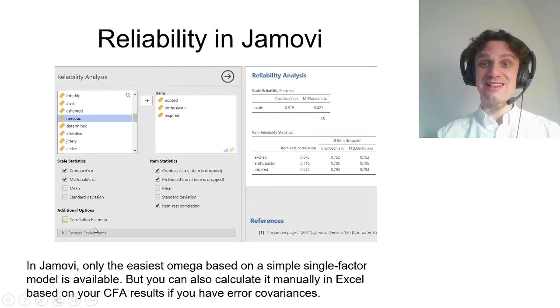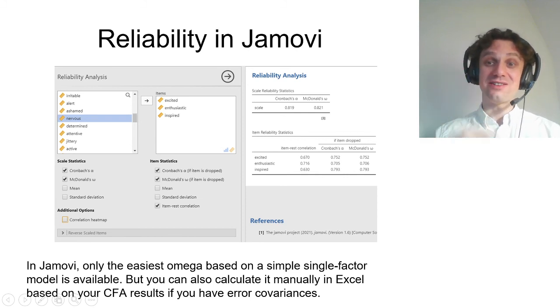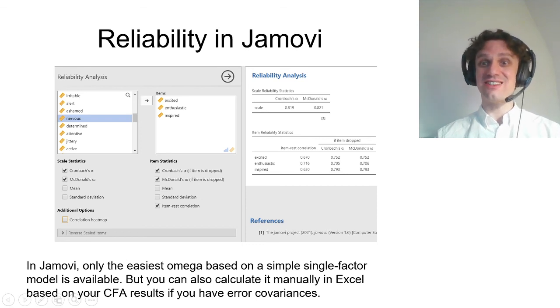And another nice perk of Jamovi is that here there is this dialog reverse scaled items, and you don't really need to flip around all your reverse scored questions. You can just indicate here that they are reverse scored, and Jamovi will do it on the fly for you, which I think is absolutely brilliant.